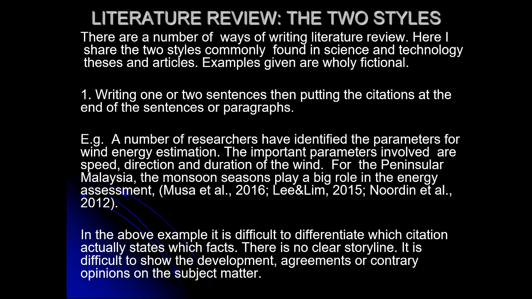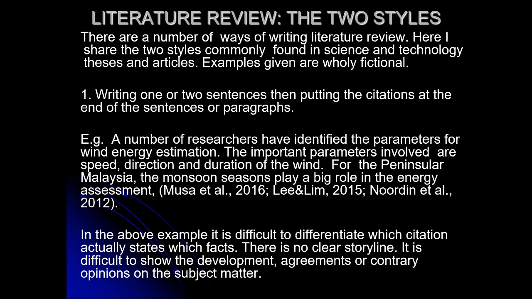The important parameters involved are speed, direction, and duration of the wind. For the Peninsula Malaysia, the monsoon seasons play a big role in energy assessment, comma, and then after that, put in the bracket the citations, Musa, Lee and Lim, Nordin.